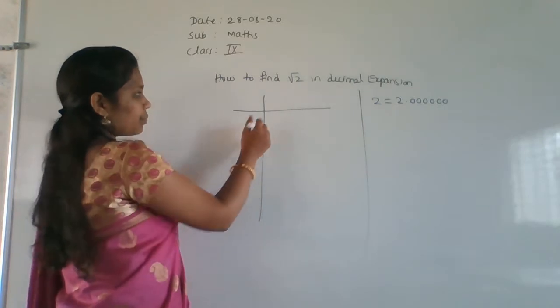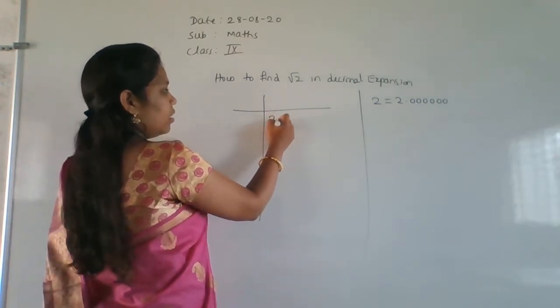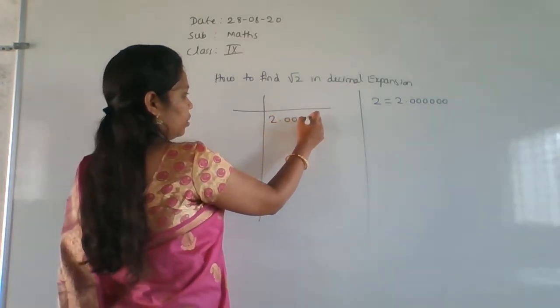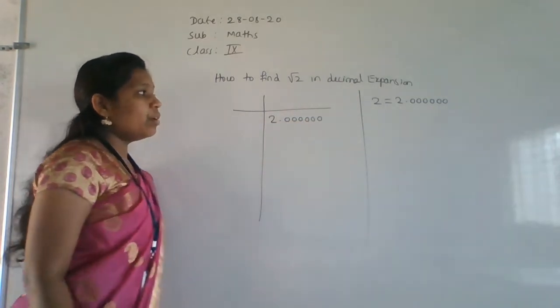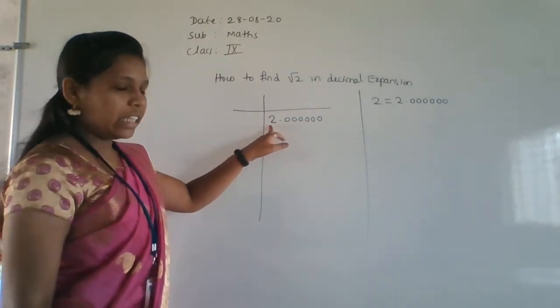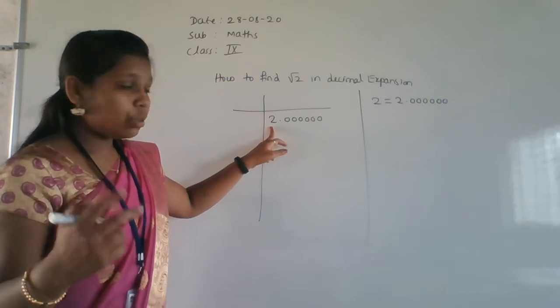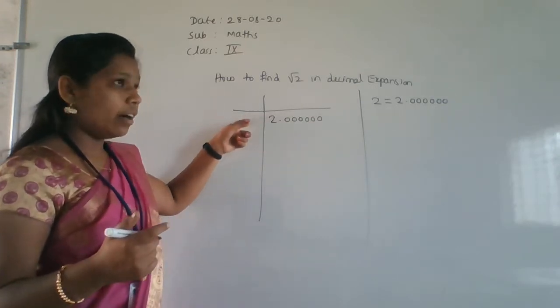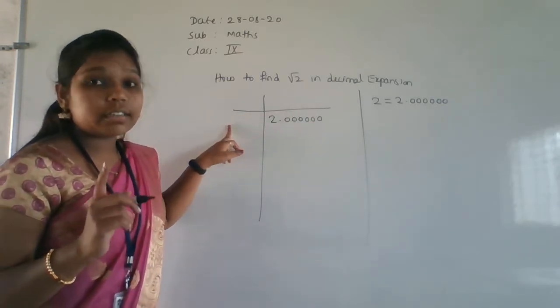I'll write here 2.00000. Okay, so we are doing the division for 2 now, and you have to take the perfect square values here.